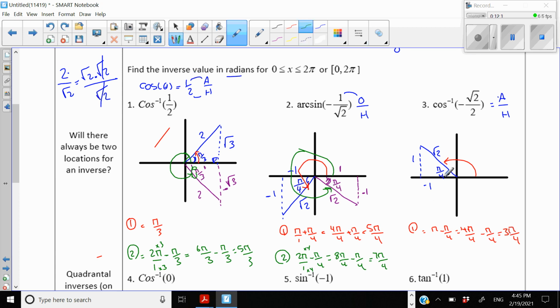The next angle could be on this side, because cosine is also negative here. Now the reference angle is going to be this one, and then this is my triangle. Once again, I can find the ratio of the sides. Adjacent is radical 2, and I'm going to put the negative for this one, and hypotenuse is 2.